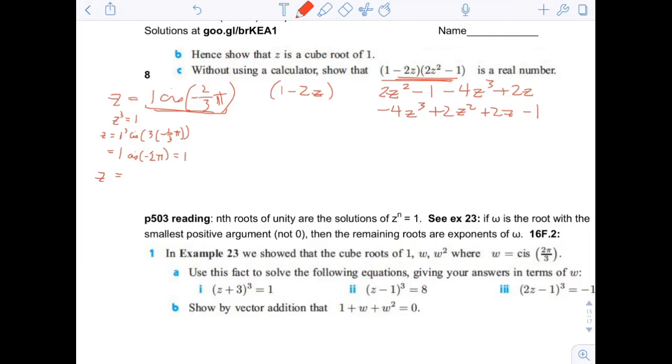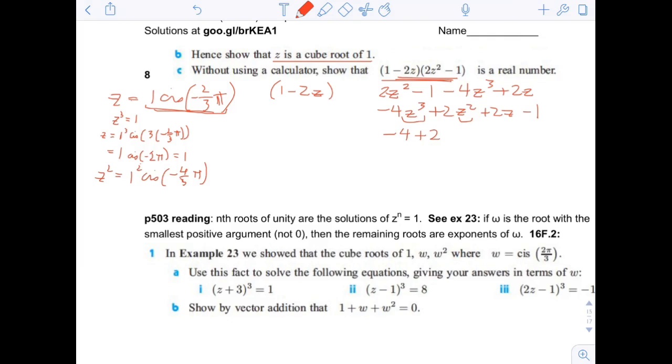Let's see, we already know that z is a cube root of 1, so here z cubed turns into 1, so it's just minus 4, right? And then plus 2z squared. z squared would be 1 squared times cis negative 4/3 pi.